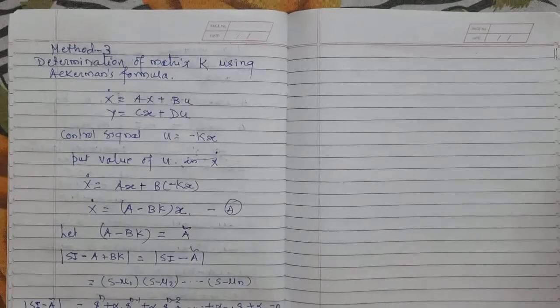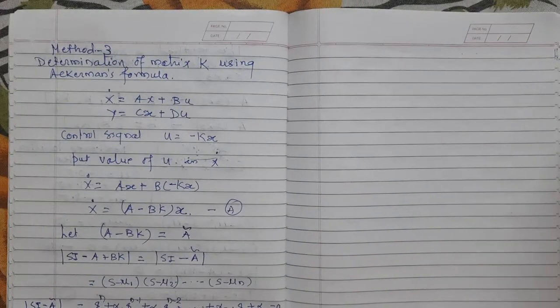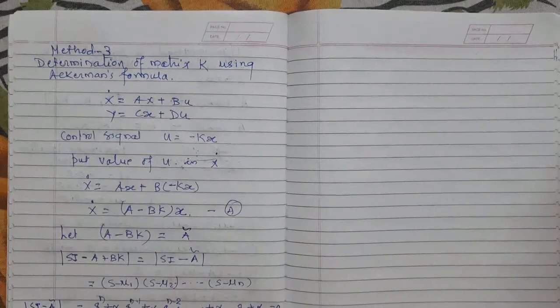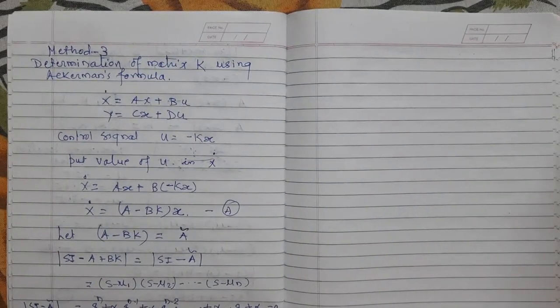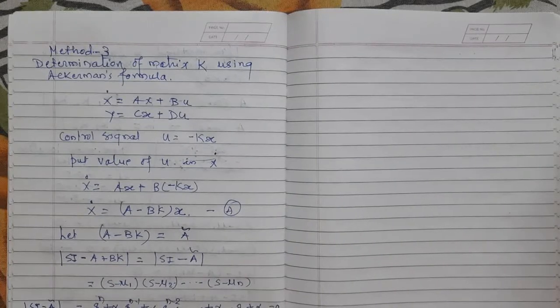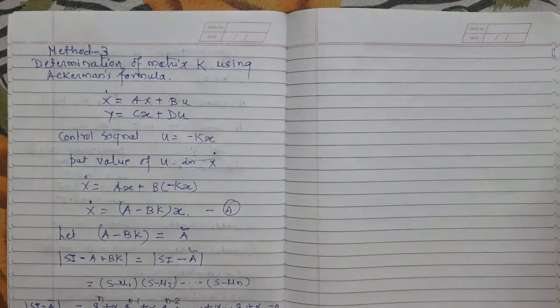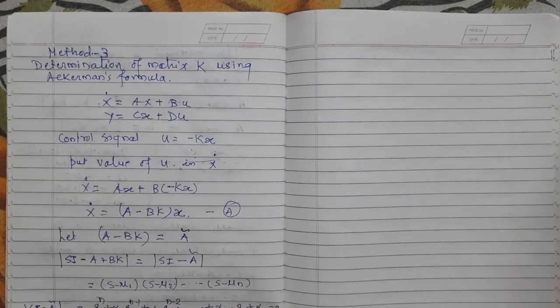If we apply the Cayley-Hamilton theorem, then we have phi of A bar equal to, we will substitute s equal to A bar.